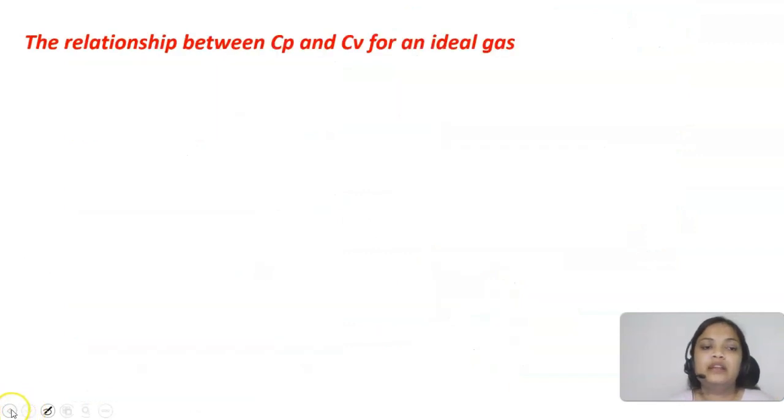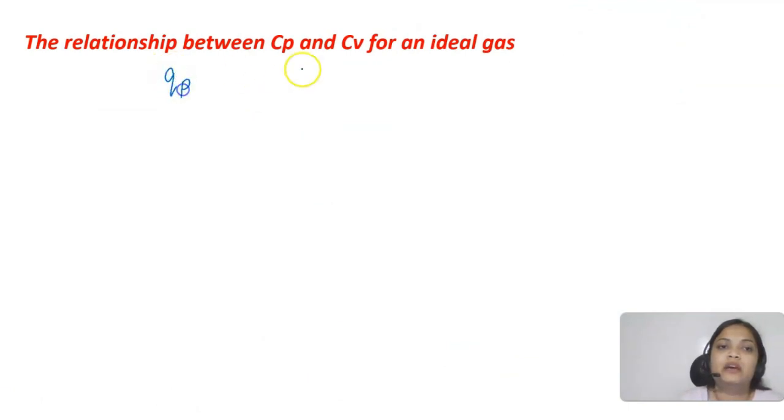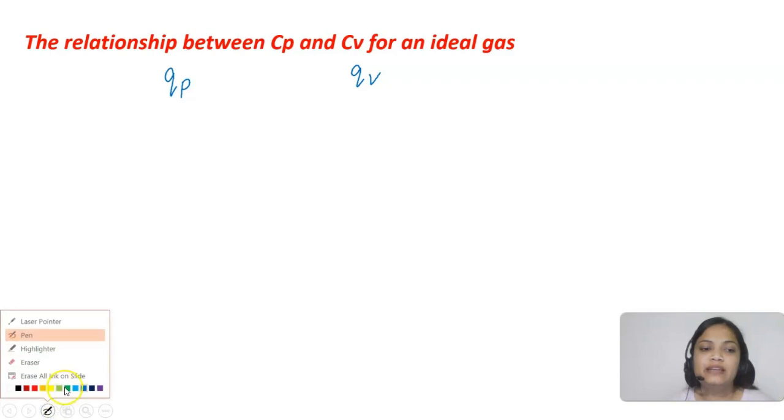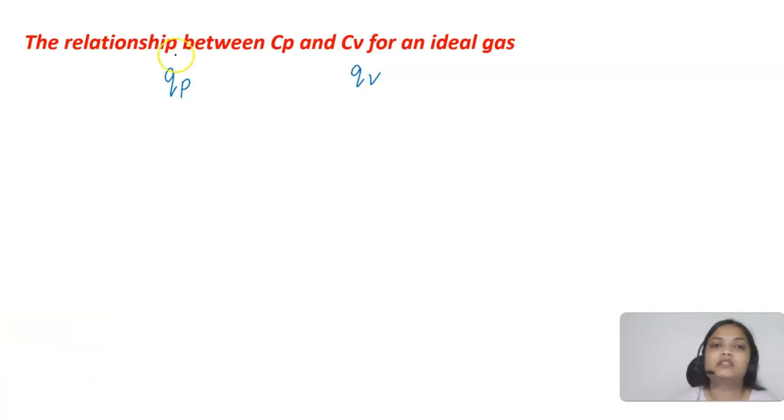Now students, there are two heat capacities, like we have discussed now, Qp and Qv. So what we can do here is take the heat capacity at constant pressure as Cp and heat capacity at constant volume as Cv.